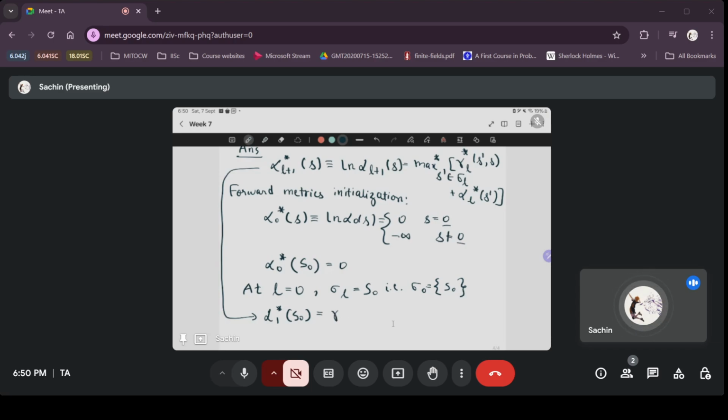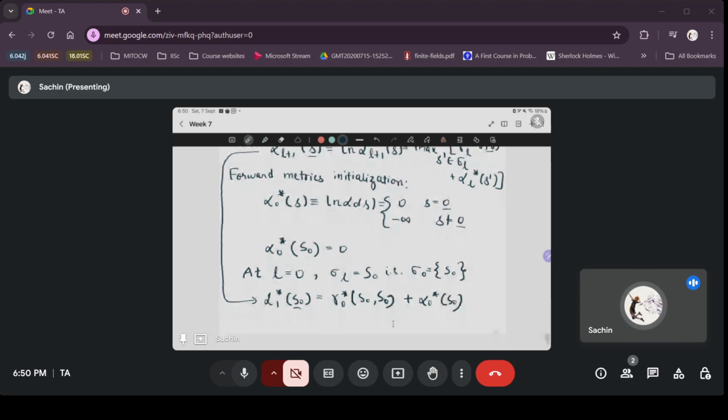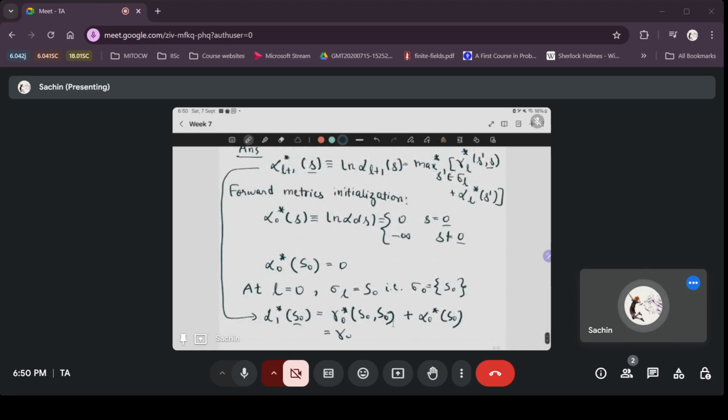You get gamma 0 star of S0 comma S0 plus alpha 0 star of S0, which is nothing but gamma 0 star of S0 comma S0, because alpha 0 star of S0 is 0.